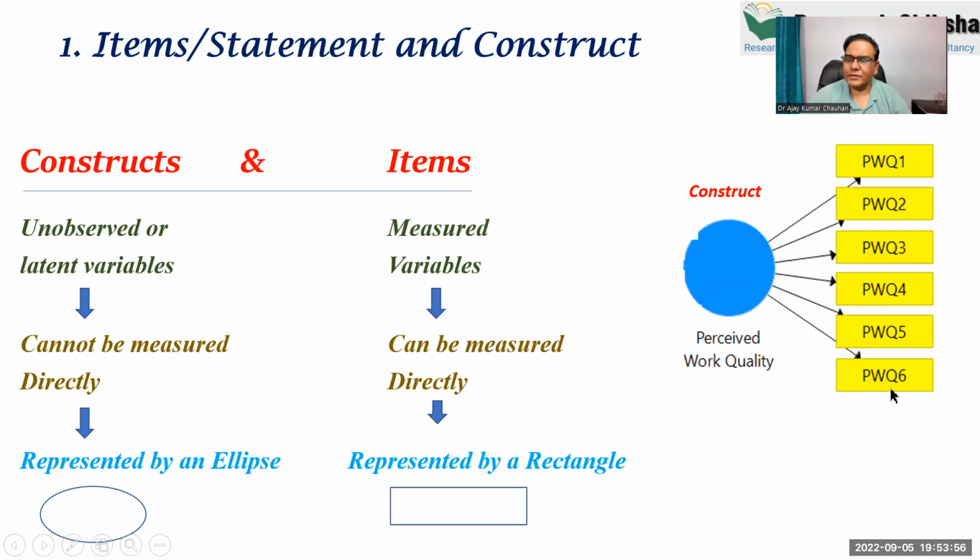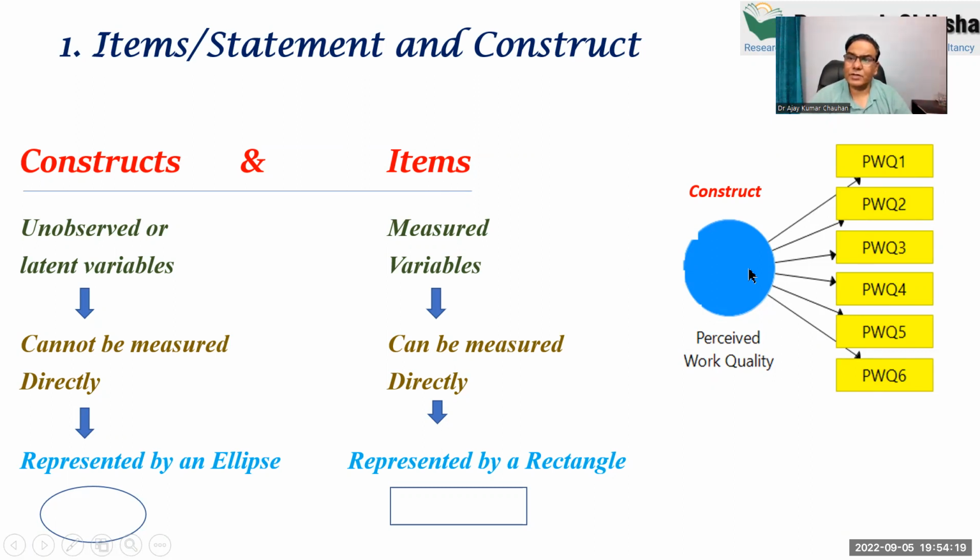Basically, these are the statements which are available in the questionnaire. You must remember that we have to give some code like this, PWQ1, PWQ2. These are the codes you need to provide to the items. And when you make the graph, you can see all the codes.